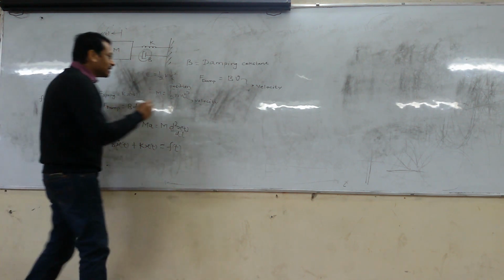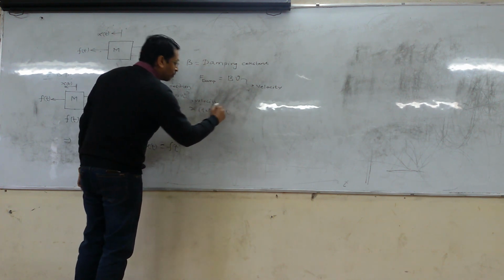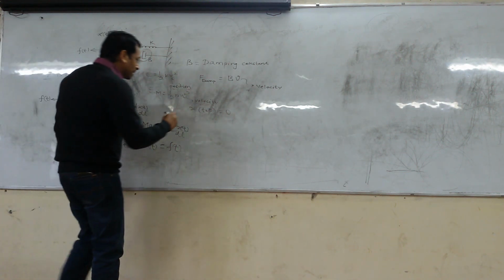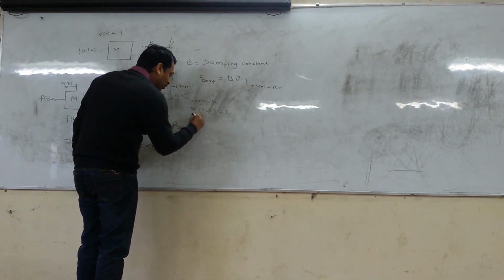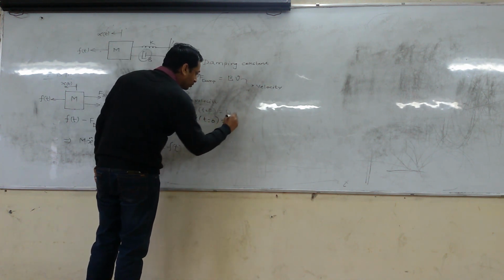So the initial position at t equal to 0 is 0, and x dot, the velocity at t equal to 0, is 0.